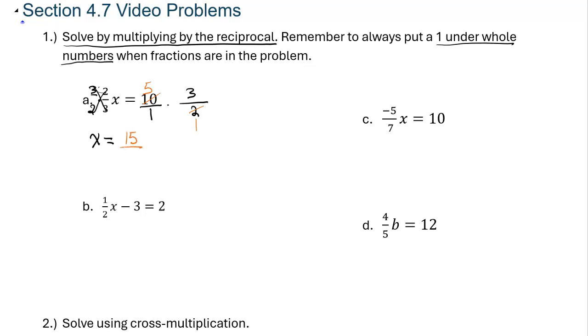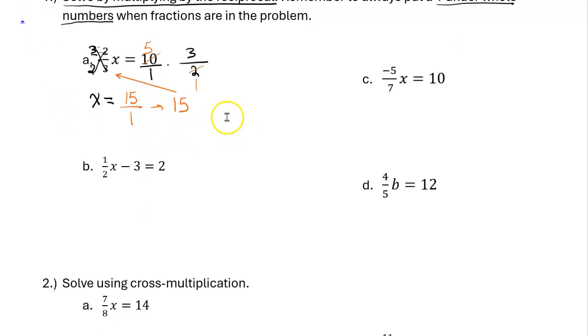Over 1 times 1 is 1, and that simplifies down to 15. Now, just like any time you're solving, you could go ahead and substitute 15 in for x and make sure that both sides are equal. For time, I'm not going to do that right now, but you can always do that, and that's another thing that you'll want to practice so you remember to automatically do it during a test.